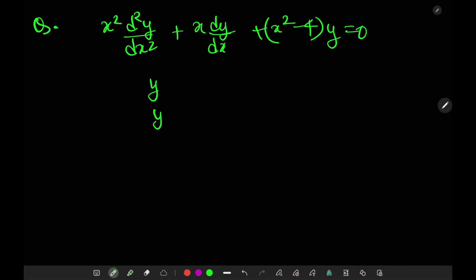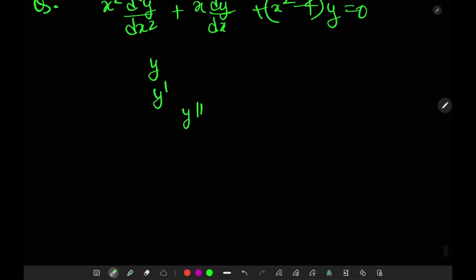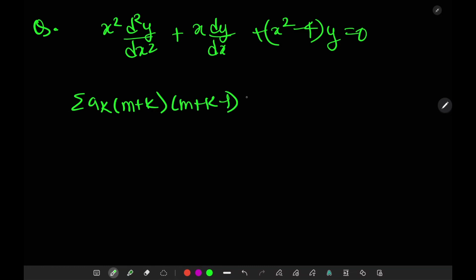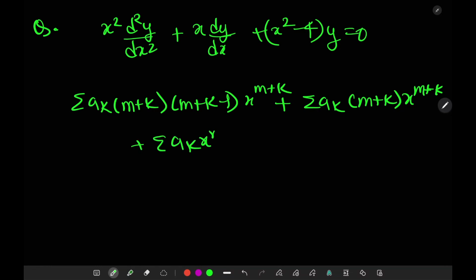Now let's do another question. Similarly, we use here y dash and y double dash, and putting the values of y dash and y double dash in the given equation, we get summation a_k (m plus k)(m plus k minus 1) x raised to power m plus k, plus summation a_k (m plus k) x raised to power m plus k, plus summation a_k x raised to power m plus k plus 2, minus 4 times summation a_k x raised to power m plus k, equal to 0.